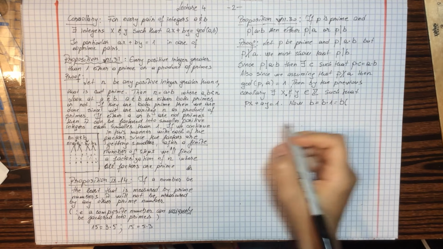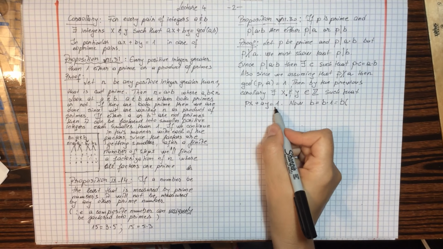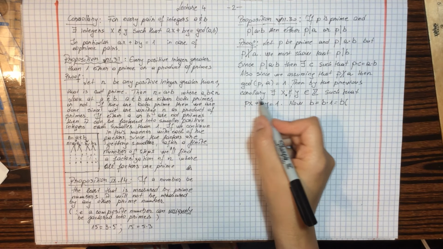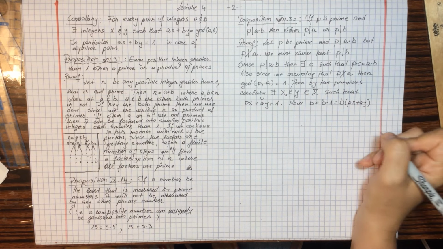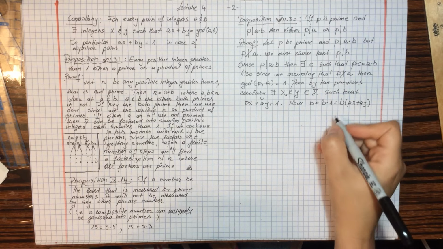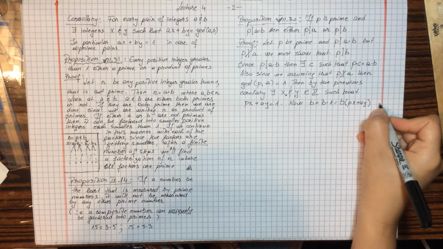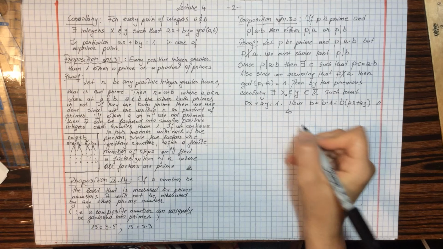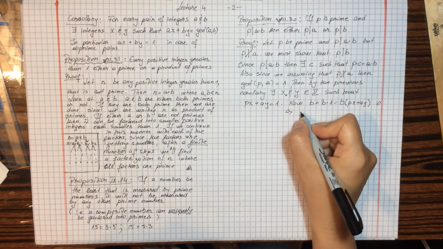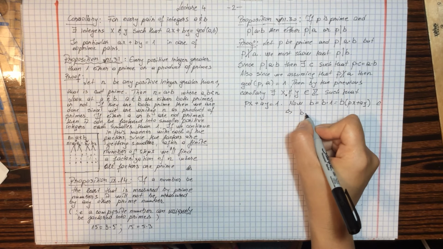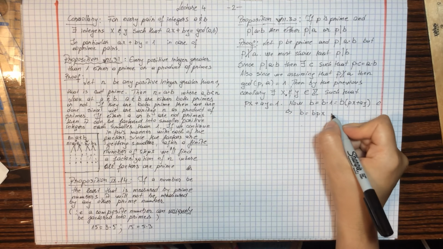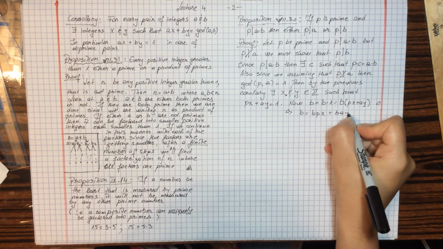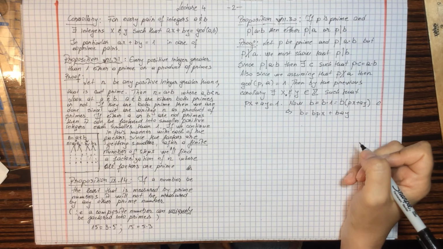So B times this number 1 can also be written as Px plus Ay. That means that B on the left hand side is equal to BPx plus BAy, right?